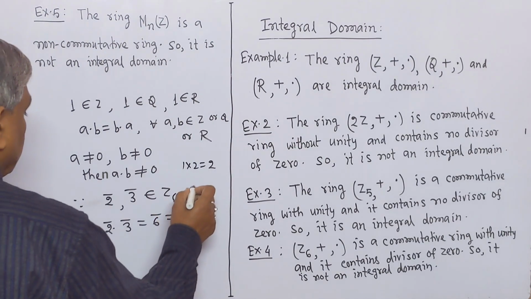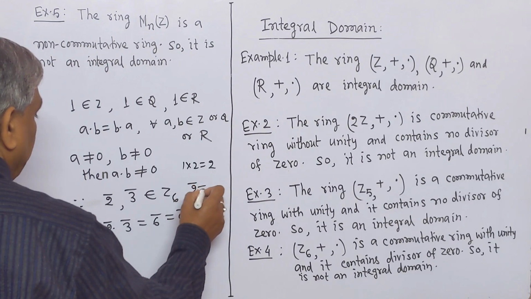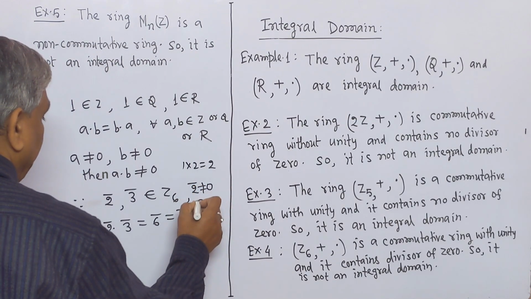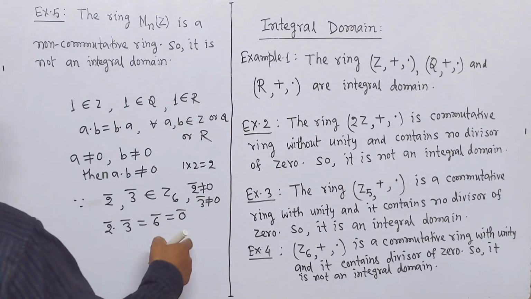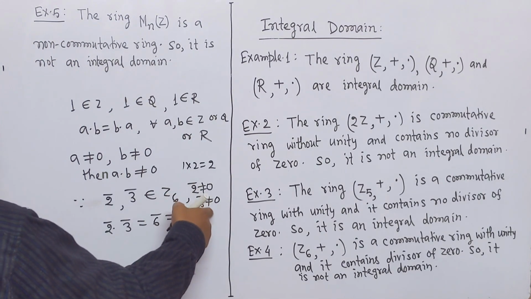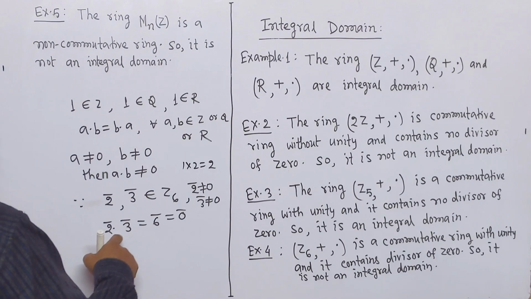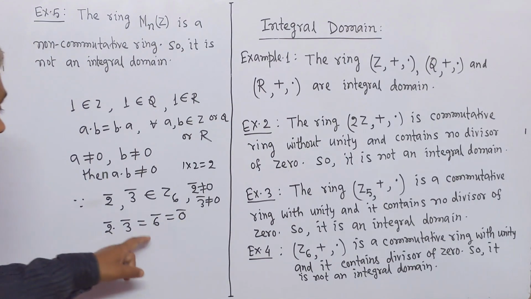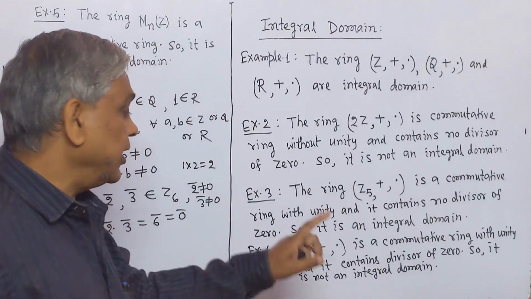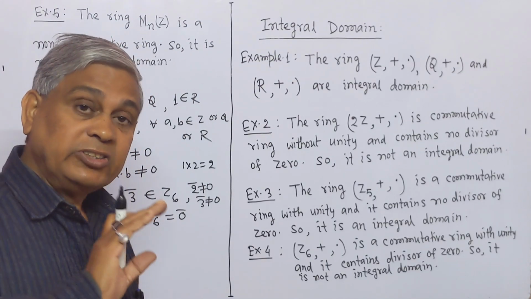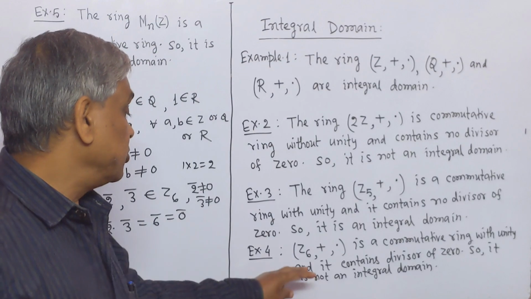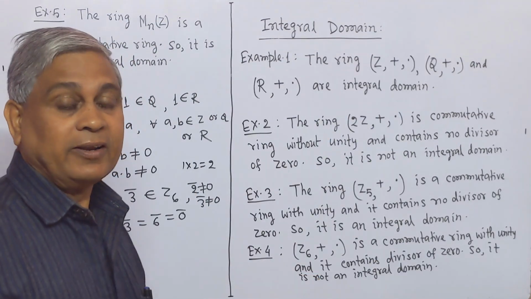So 2 bar not equal to 0, 3 bar not equal to 0 are two non-zero elements of Z6, but their product is the 0 element. So Z6 contains a divisor of 0. So Z6 is not an integral domain.